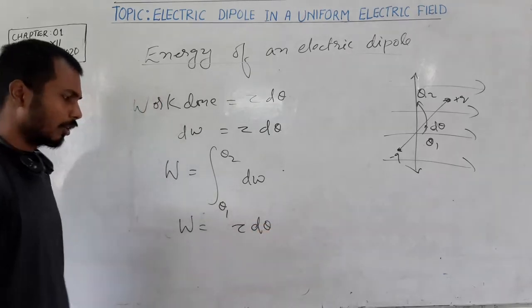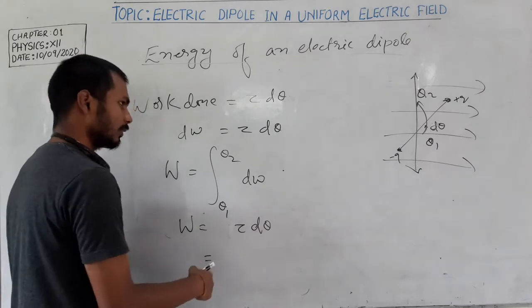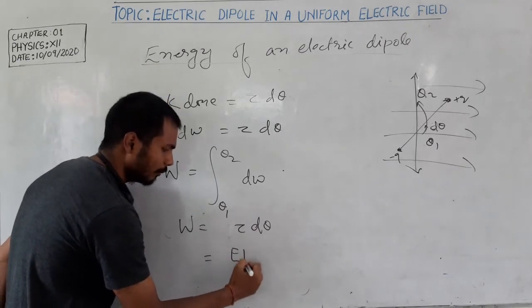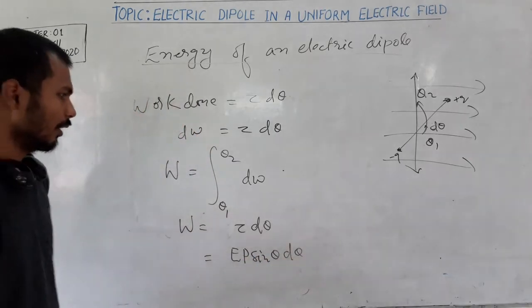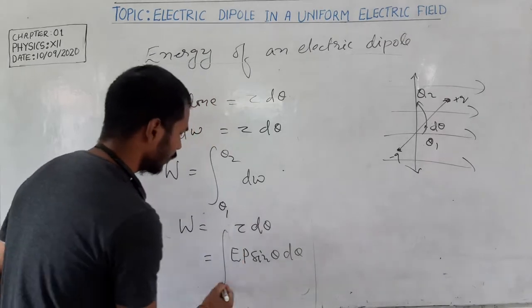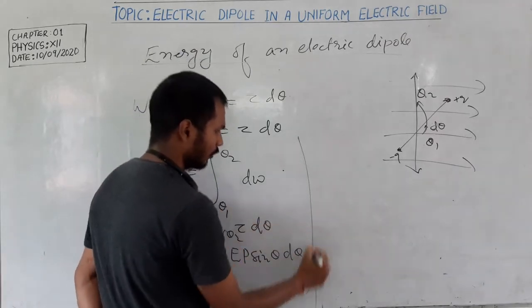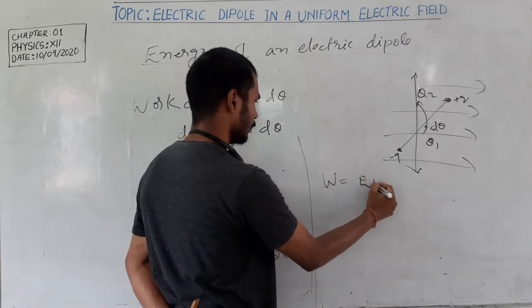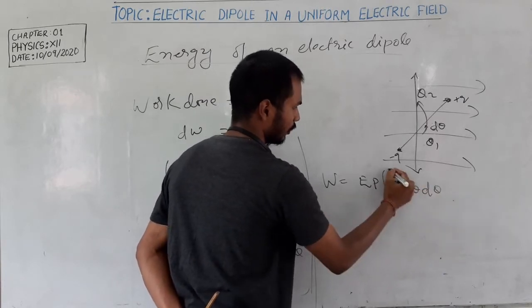Now what is the value of torque? In the previous topic we have learned torque is equal to EP sin theta. Now W is equal to EP times the integration of sin theta d theta from theta 1 to theta 2.